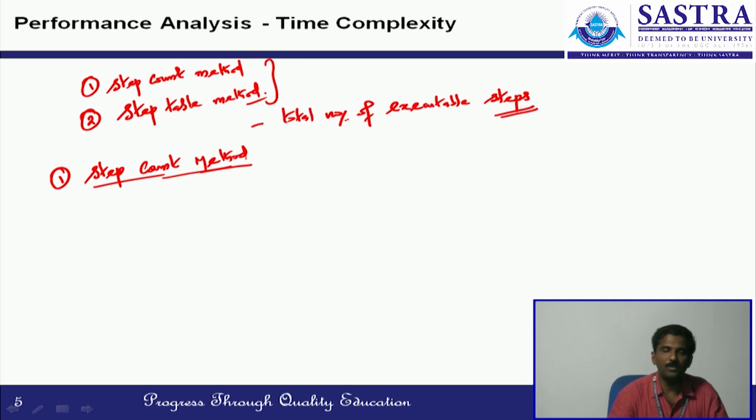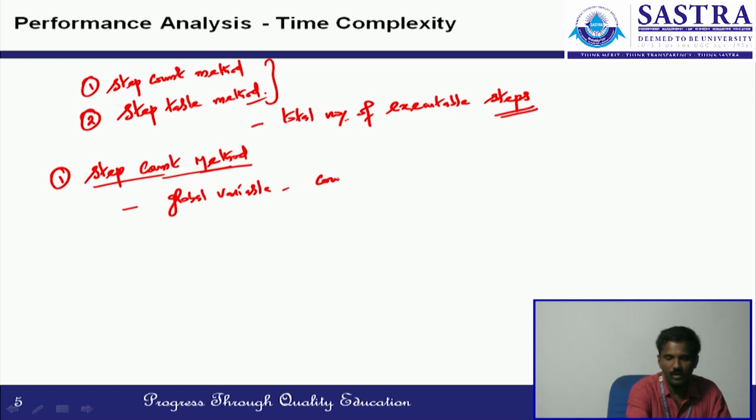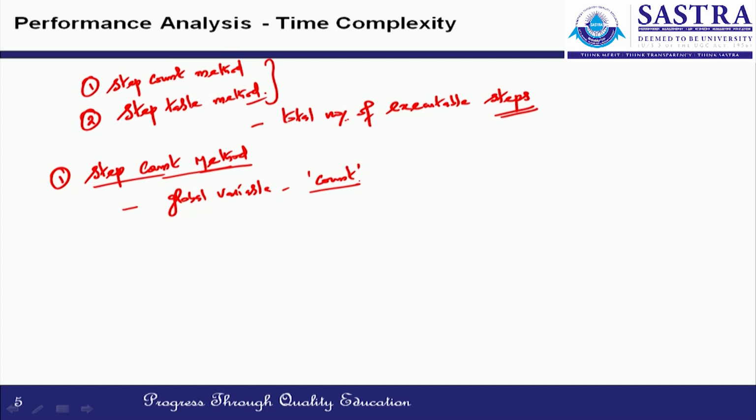In step count method, we need to find the total number of executable statements or instructions in the given algorithm. Step count method introduces a global variable, say count, with initial value 0. Set count is equal to 0. The global variable count is initialized to 0.